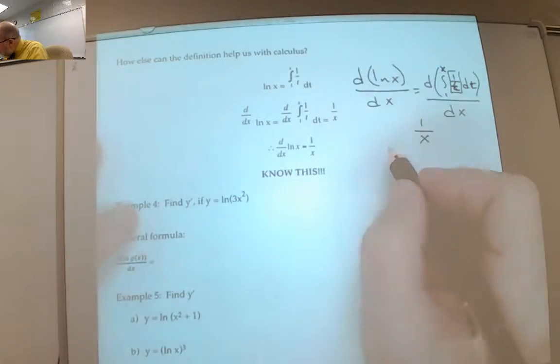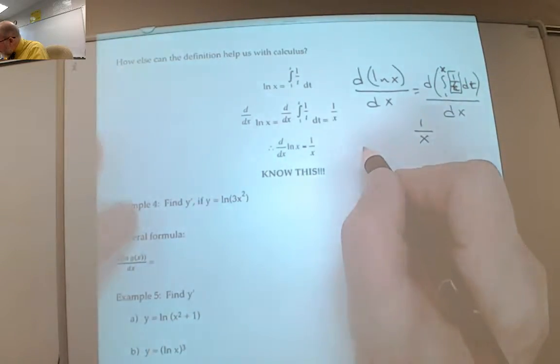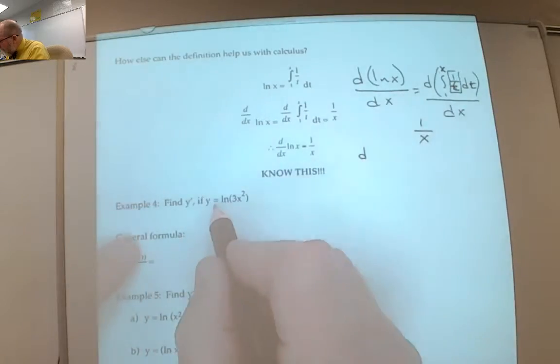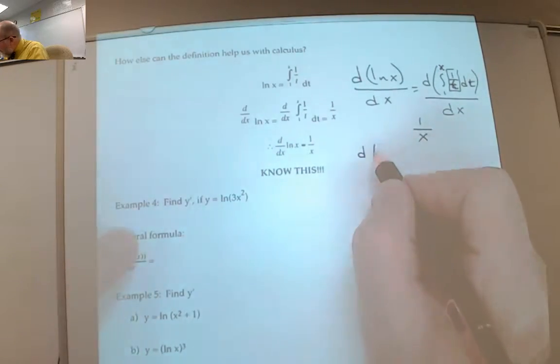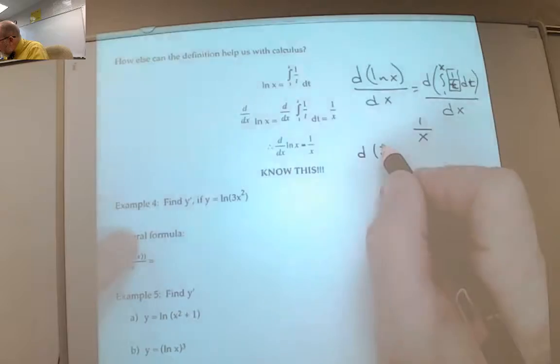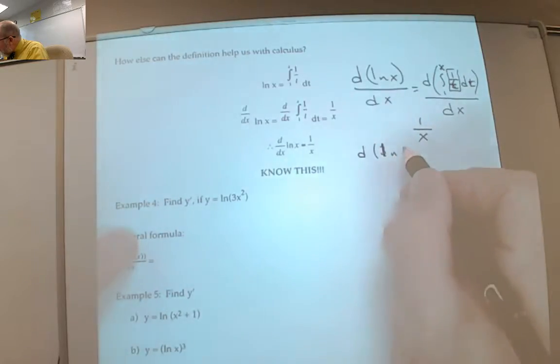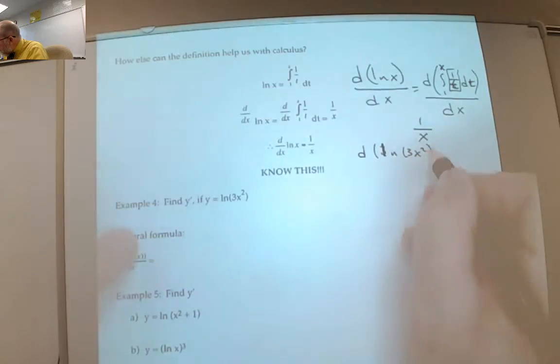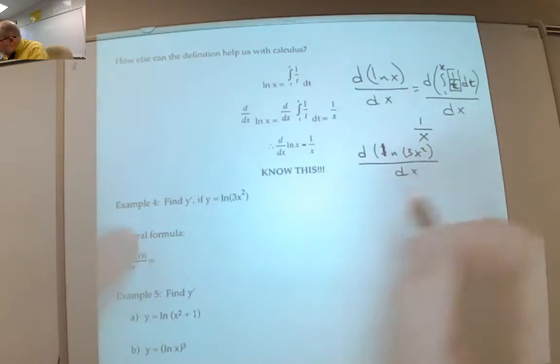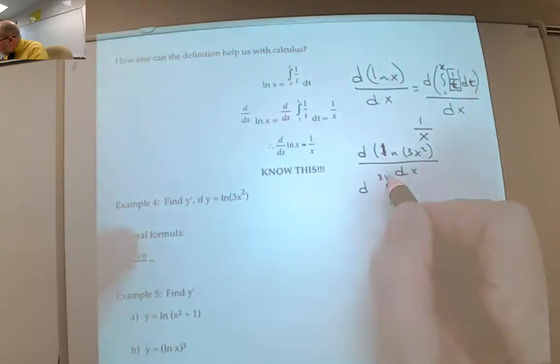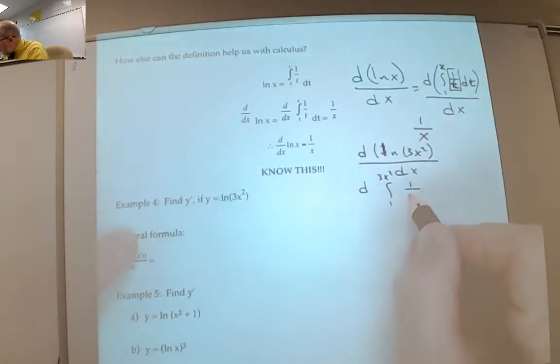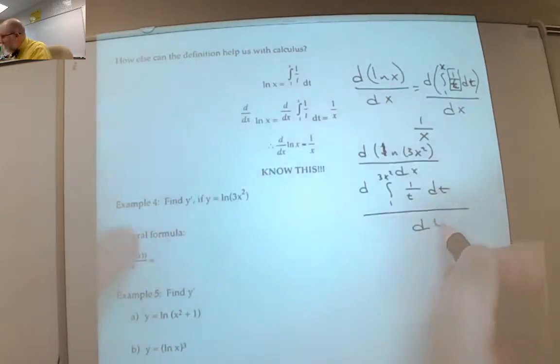Well, what if I was doing this? The derivative of the natural log of 3x squared dx. It would mean I'd be taking the derivative of the integral 1 to 3x squared, 1 over t dt.